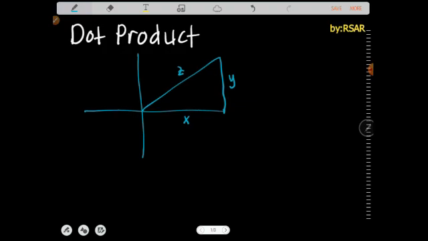Sample lang yan, okay? So yung value ng X is just equals to your i, and yung Y is just equals to your j. Tapos yung isa pa, that is equals to your k. Hindi ko naman sinasabi na kailangan mag-form ka ng right triangle. Basta yung xyz is equals to ijk yan. Okay? So that is the concept of dot product.